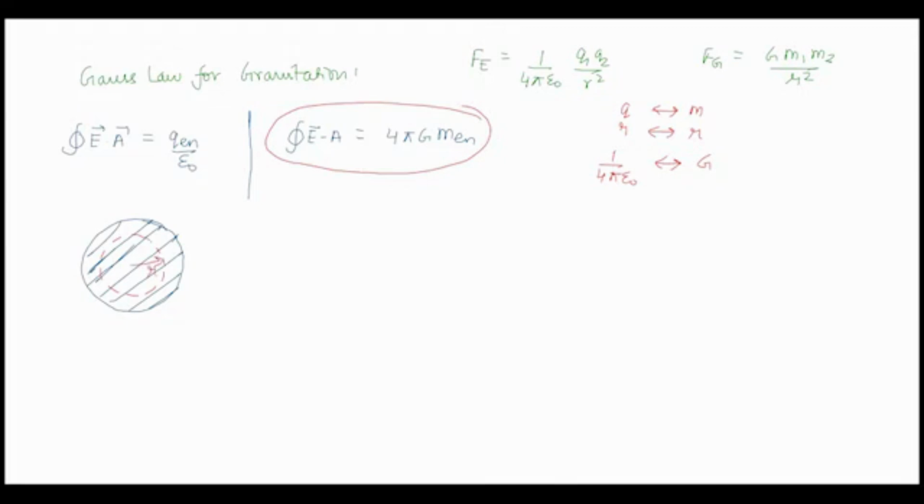Using rho naught, the mass enclosed equals 4 by 3 pi r cube rho. And using the expression, E times 4 pi r square is equal to 4 pi G times the mass enclosed, which is 4 by 3 pi rho r cube.